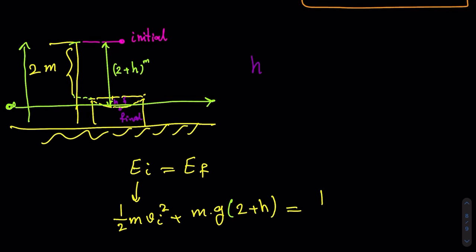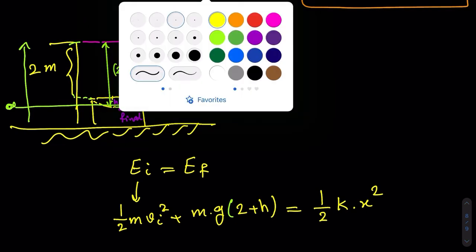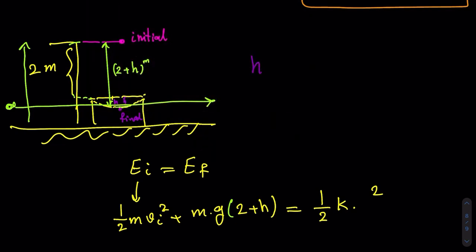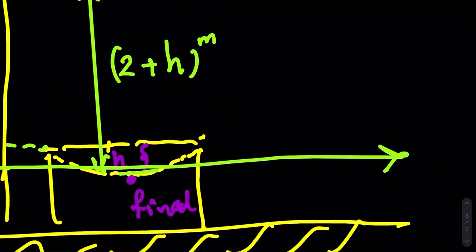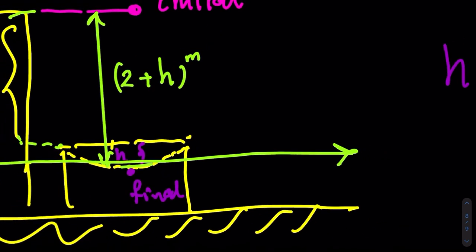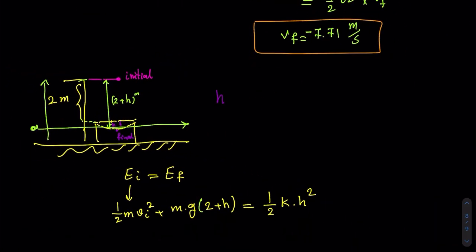So the elastic potential energy will be a half of the constant of the spring times x squared, which, since it is along the vertical axis, let's correct it and change it to h, and this is the real h, because it is the displacement that this spring makes, the amount that it is compressed.